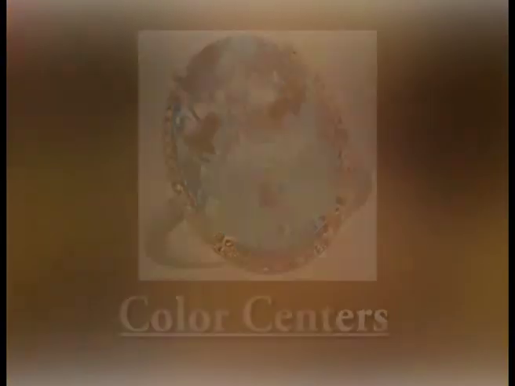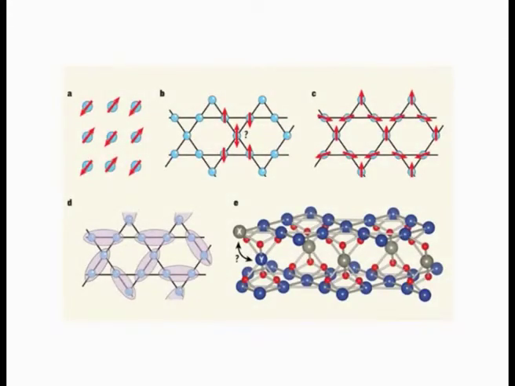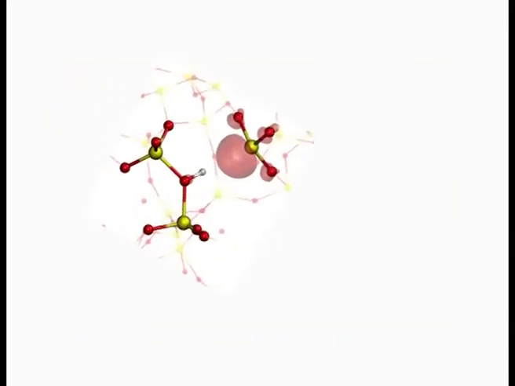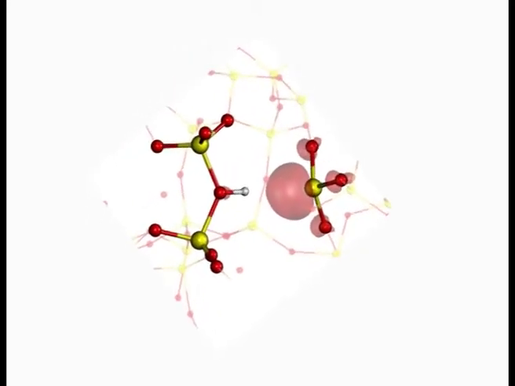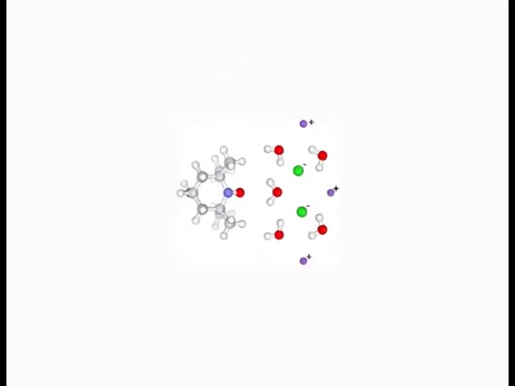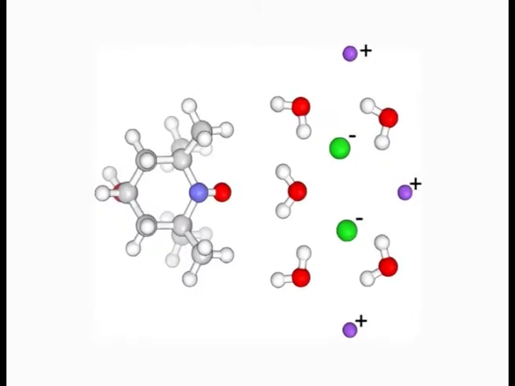Color centers. Unpaired electrons on non-transition metal ions may also produce colors in certain circumstances. This can happen either due to misplacement of an ion, that is, an unpaired electron taking its vacancy, or due to the displacement of an electron from natural or artificial radiation.